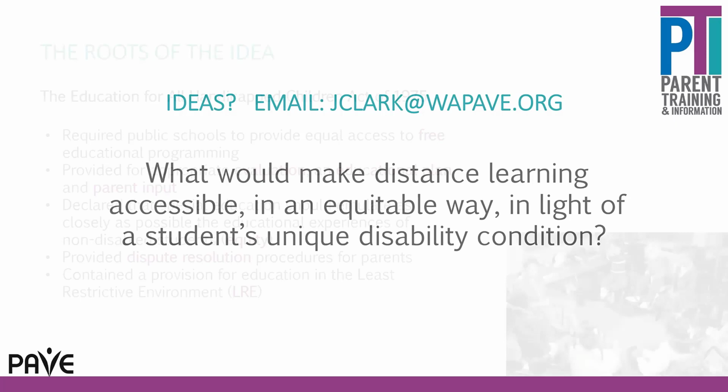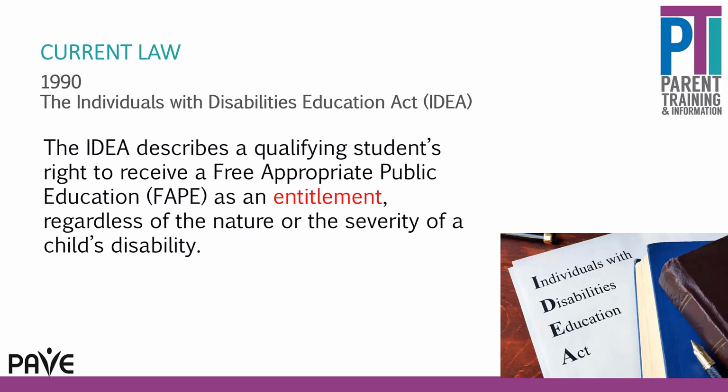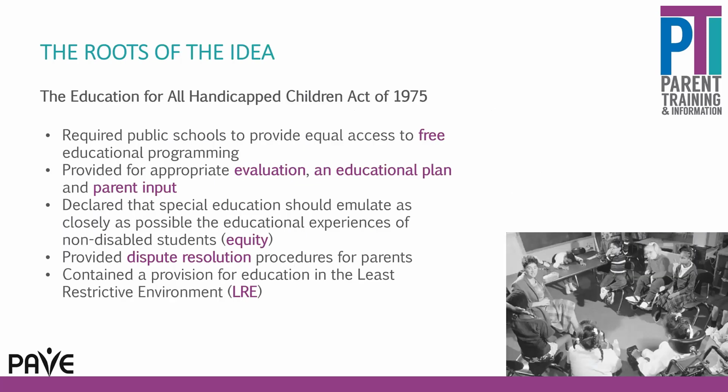So we're going to now talk about the law at the top of that student rights pyramid, the IDEA. People often date the IDEA to the 1970s, but the name of the law was actually different in the beginning. The Education for All Handicapped Children Act of 1975 was the first federal law that provided a menu of services for students with disabilities in public education.